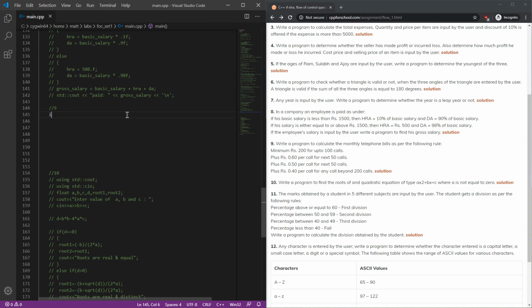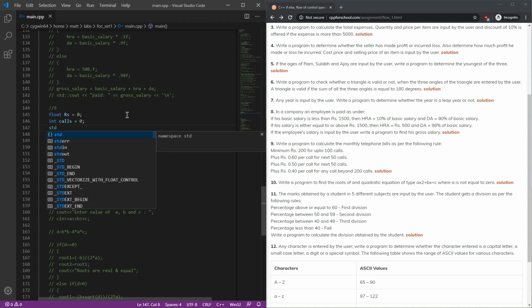So let's declare a float called Rs, and we'll just assign it 0. And we'll make an integer called calls, and we'll start it at 0.